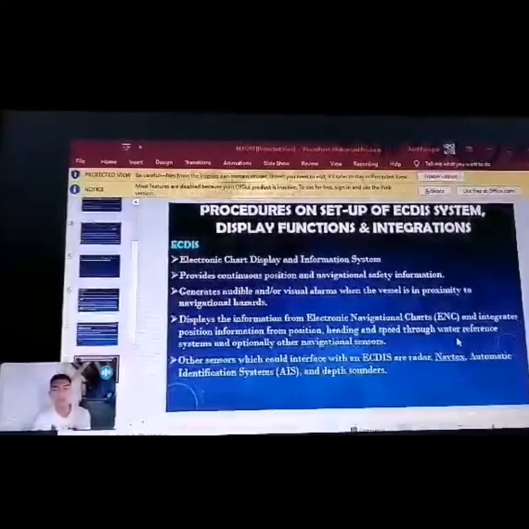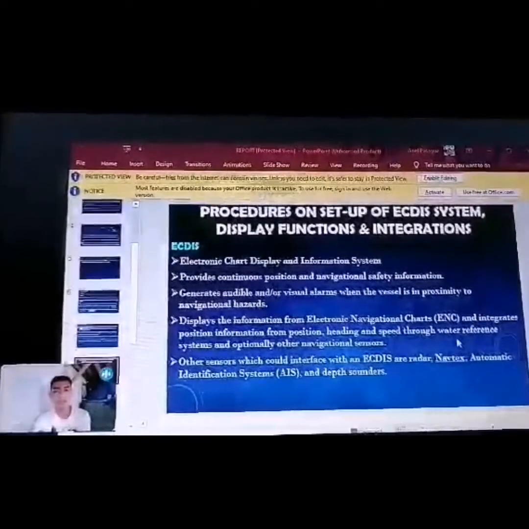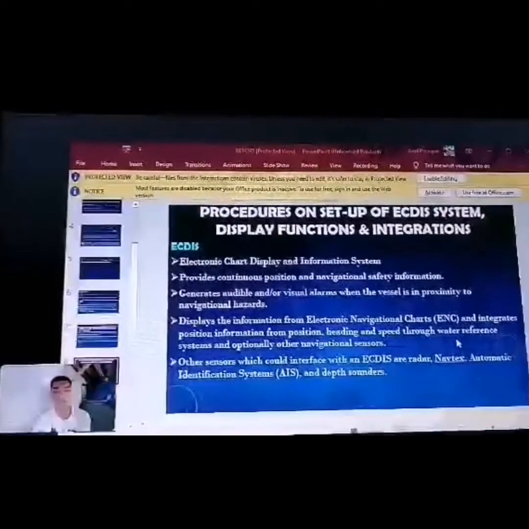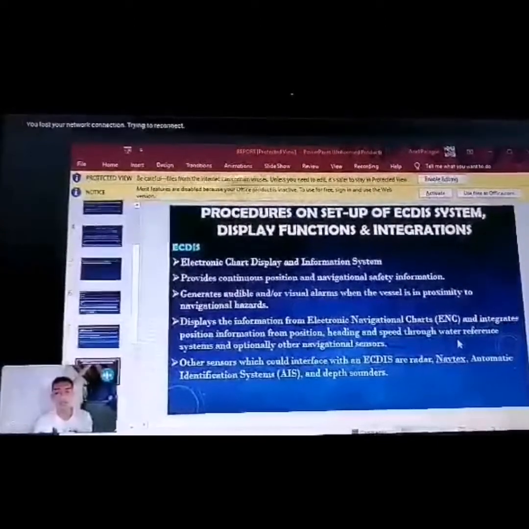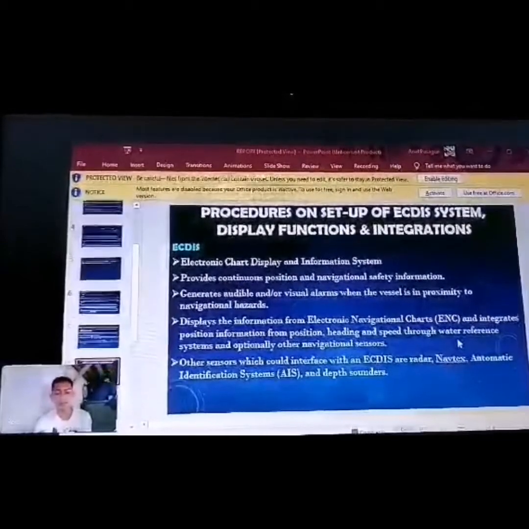Other sensors which could interface with an ECDIS are radar, NAVTEX, automatic identification systems, or AIS, and depth sounders.